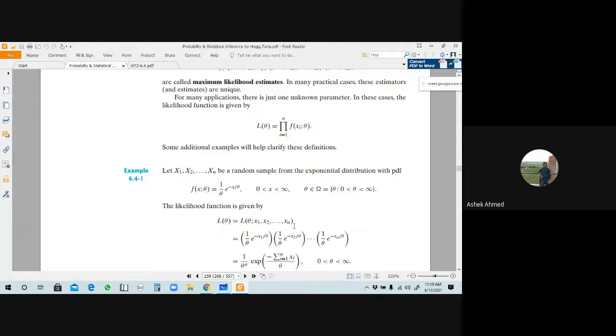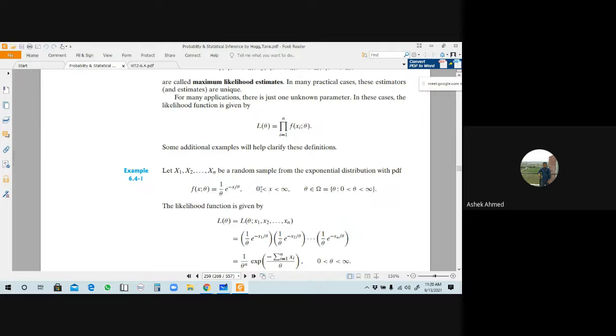First, we will see the example number 1. In the example number 1, it is given: let x1, x2 up to xn be a random sample from an exponential distribution with PDF f of x semicolon theta equals to 1 by theta into e to the power minus x by theta.